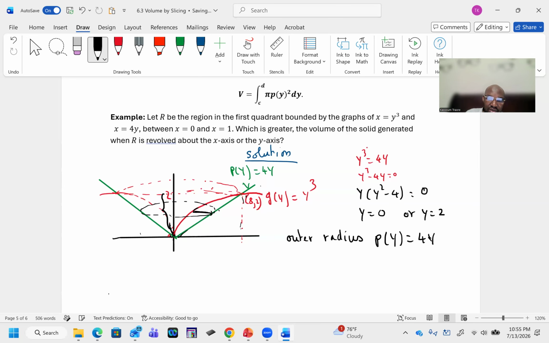And the inner radius q(y) is equal to, I mean, y cube.